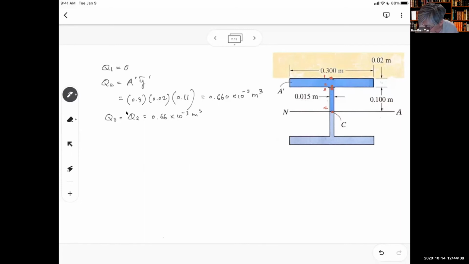So in this case, we use the flange. So this is from the Y bar prime.